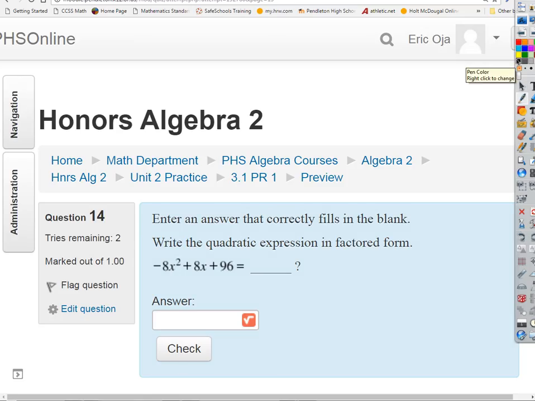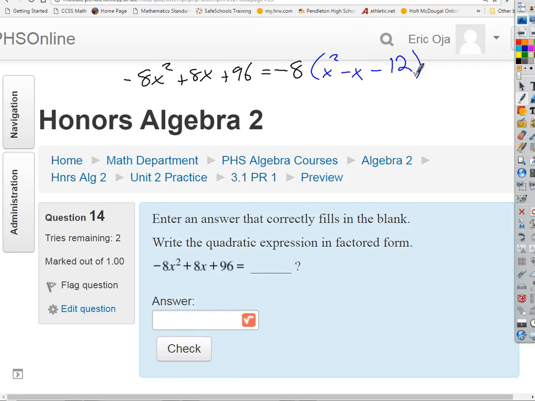So this is really simple. So we'll undistribute a negative 8, and then what's left over? Negative 8 times what is negative 8x squared? X squared. Negative 8 times what is positive 8x? Minus x, because negative 8 times negative x is positive 8x. And negative 8 times what is 96? That's minus 12.